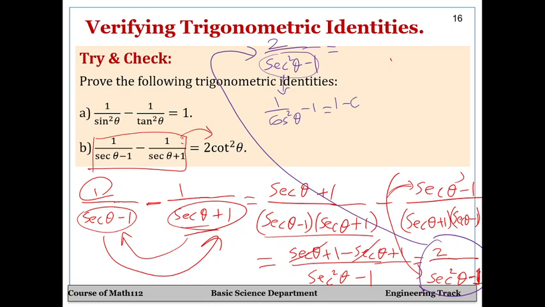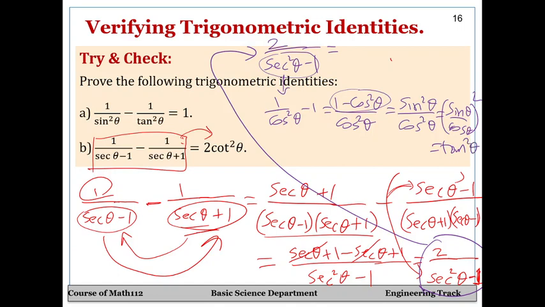If you do this calculation, you will get 1 minus cosine squared theta over cosine squared theta, and this is sine squared theta divided by cosine squared theta, and this is equal to what? Sine theta over cosine theta squared, which is tangent squared theta. So we can write this one as 2 over tangent squared theta, which means 2 times 1 over tangent squared theta, so it will be 2 cotangent squared theta, and we got this one.